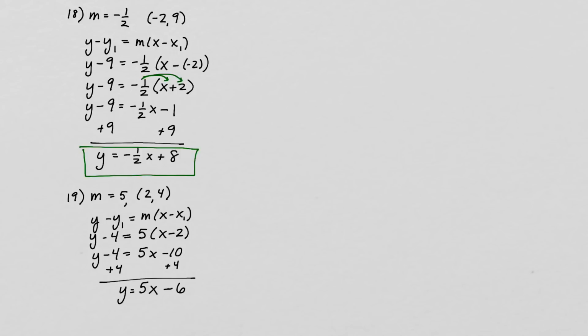So for numbers 20 and on in this section, they give us some other information that we're going to have to use to find the slope. If you look at number 20, they want it to go through the point 7, 2. So that's my point, right? That's my x1 and my y1.